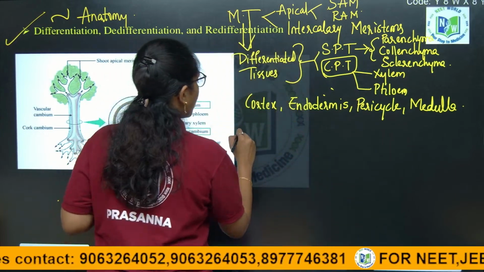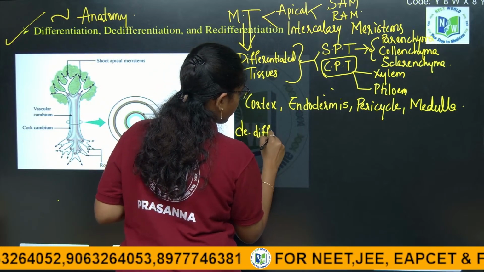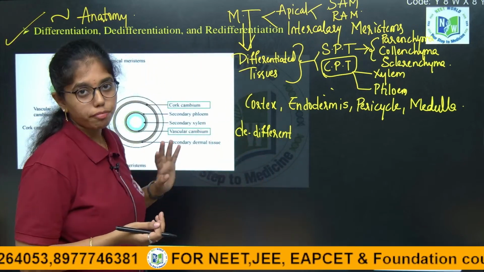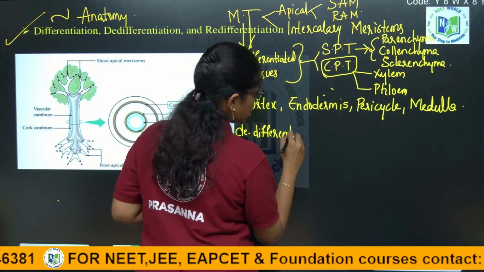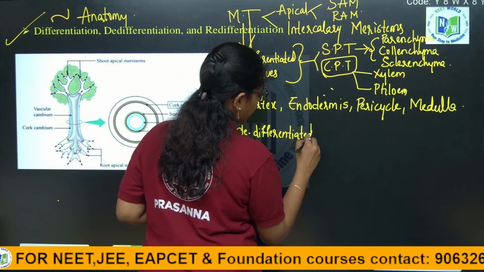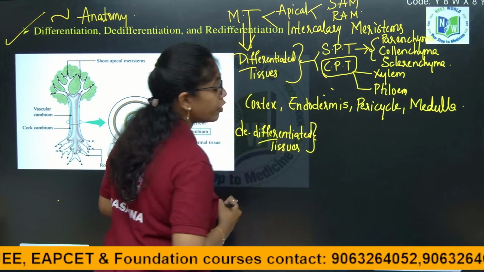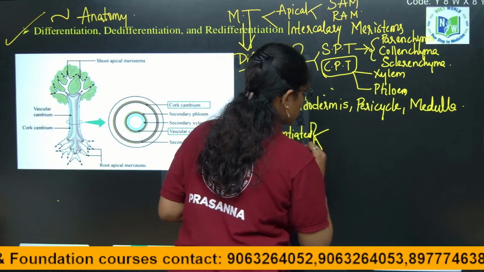Now, a few of these cells will regain the capacity of meristematic activity. What are those called? De-differentiated tissues. As they lost the power of differentiation, they are regaining the capacity of meristematic activity, so they are called de-differentiated tissues.